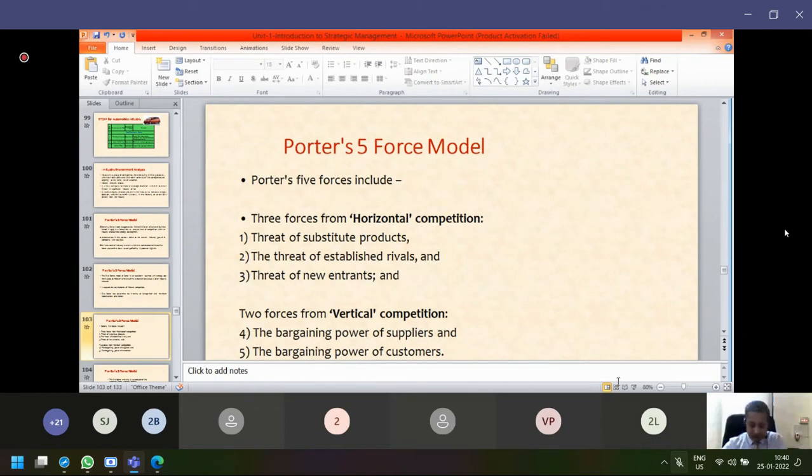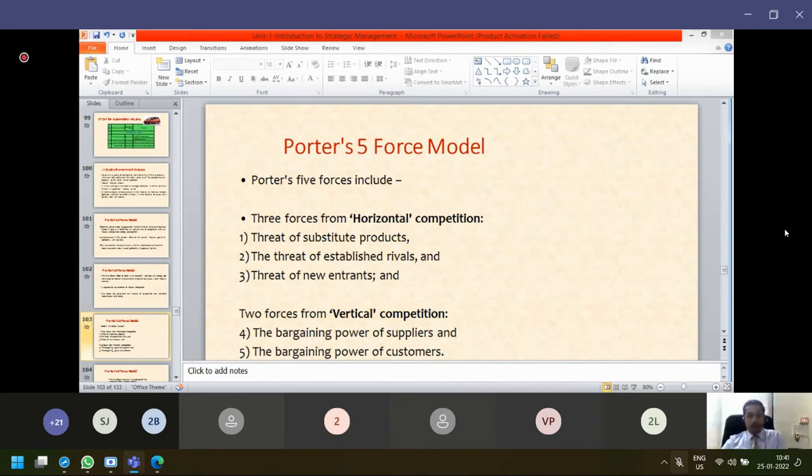These 5 forces which Porter has stated can be divided into 3 forces from horizontal competition and 2 forces from vertical competition. Porter says that competition is of 2 types, horizontal and vertical.